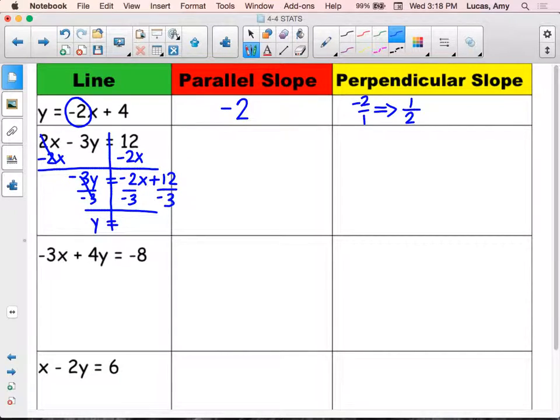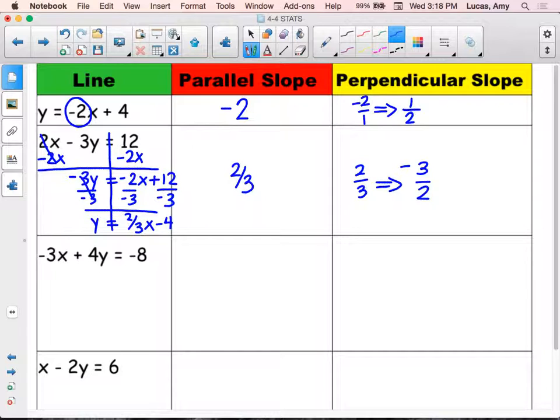So y equals, the slope will simplify to +2/3 because a negative divided by a negative is a positive, and then the intercept divides evenly to -4. So my slope would stay the same for parallel, and then flip and change for perpendicular. So flip it over and change the sign.